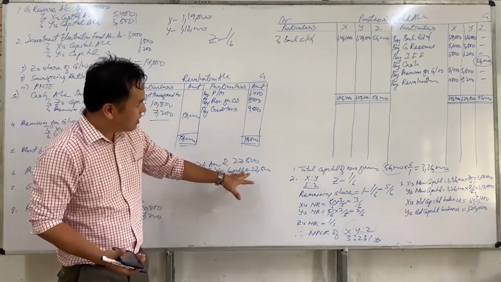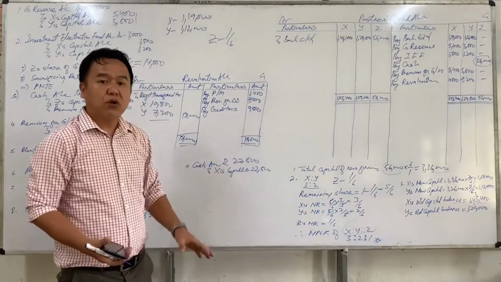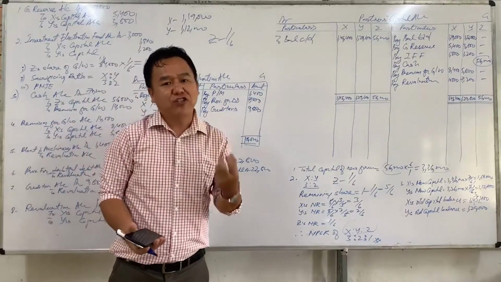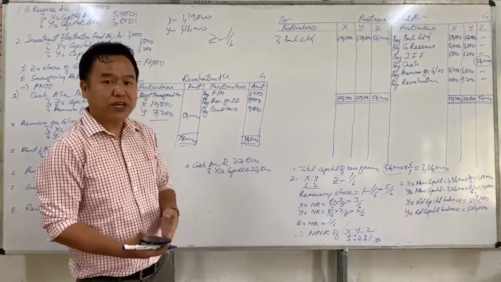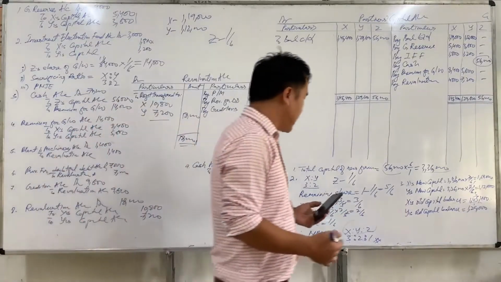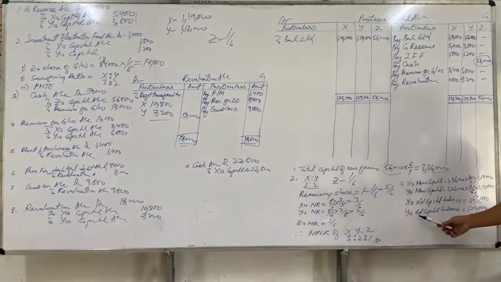Whereas X's capital account is credited because X has brought additional capital of rupees 22,600. Okay. Now we have to compare Y's old capital balance with Y's new capital.